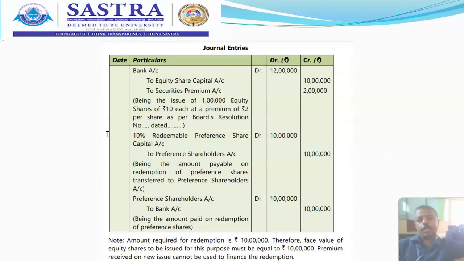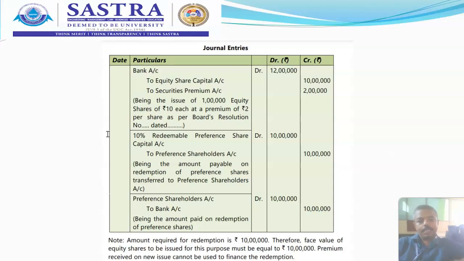See the solution. Bank account debited rupees 12 lakhs to equity share capital account rupees 10 lakhs, to securities premium account rupees 2 lakhs. And write the narration in detail: being the issue of 1 lakh equity shares of rupees 10 each at a premium of rupees 2 per share, as per the board's resolution number and date.